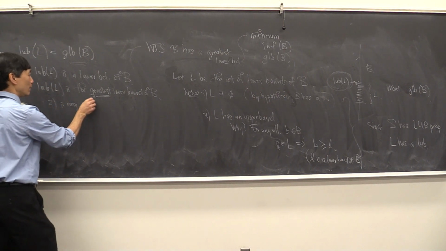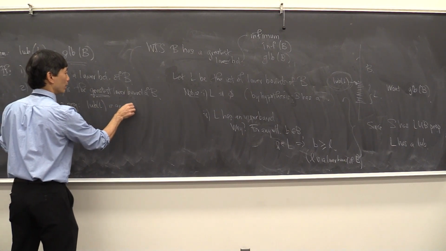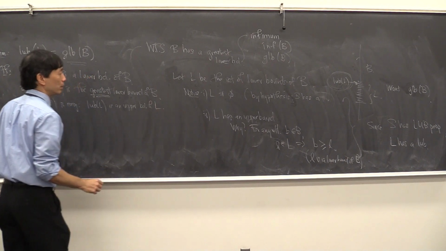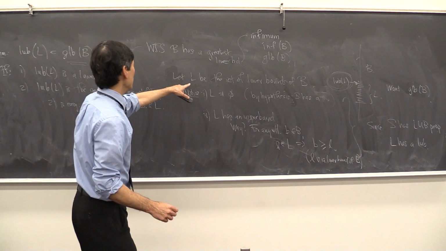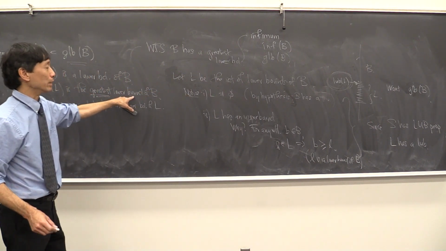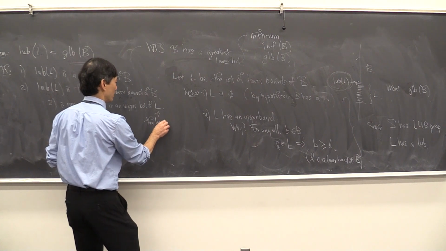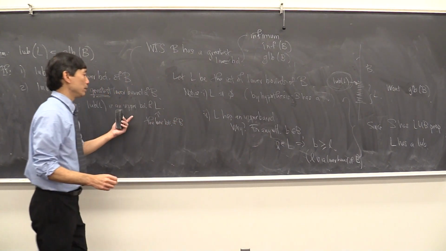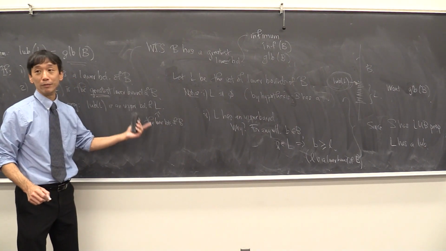The least upper bound of L is an upper bound of L, the set of lower bounds of B. Since it's an upper bound of these guys, it's bigger than or equal to all of them.